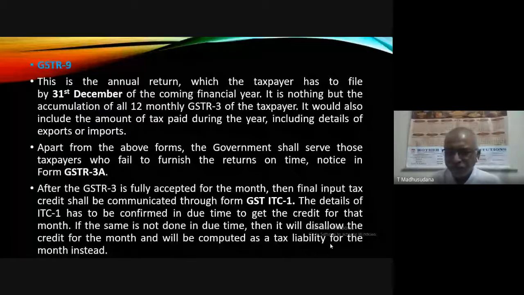Therefore, every person who has submitted GSTR 3 will be intimated by the government of the ITC details through GST ITC 1. They should confirm the GST ITC 1, otherwise his input tax credit will be disallowed.